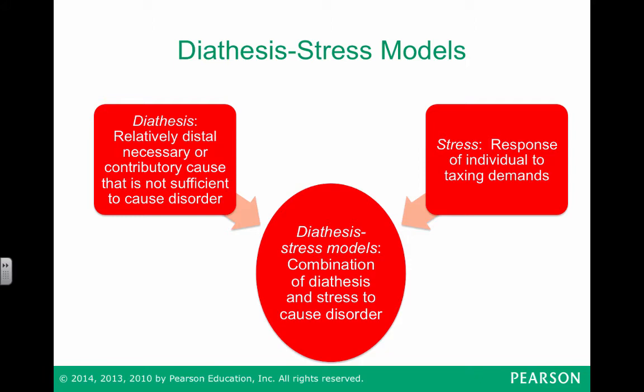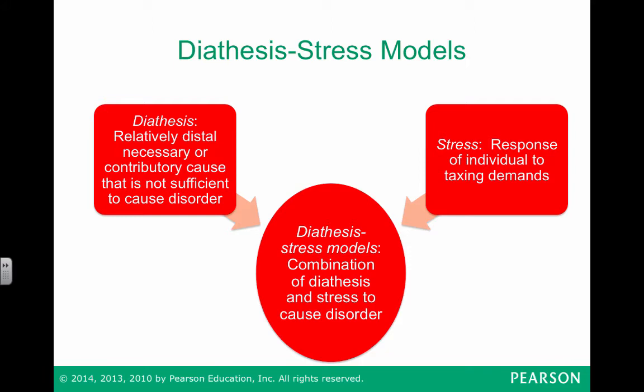And then we look to the other side and we see stress, and stress is the response of an individual to taxing demands. So when the diathesis, the predisposition, is combined with the stress, then we have the Diathesis-Stress Model and a combination that is sufficient to cause the disorder.